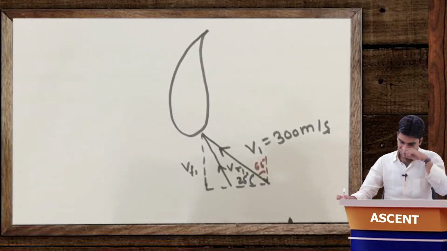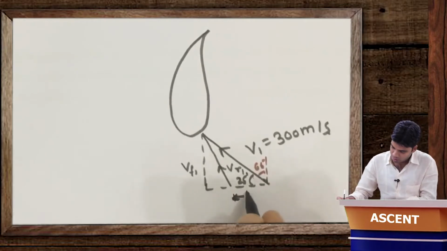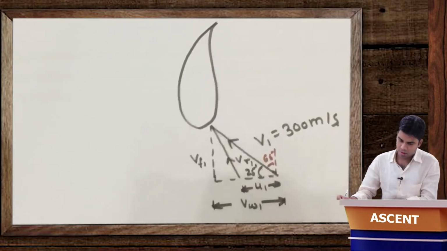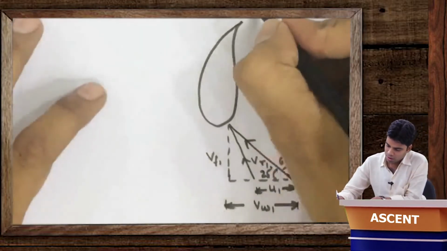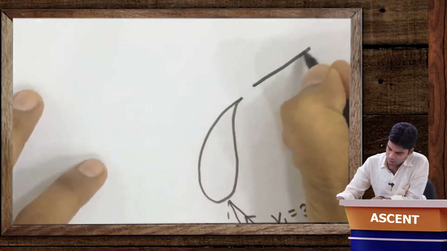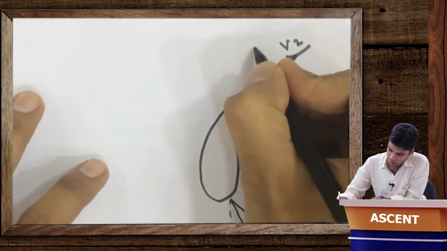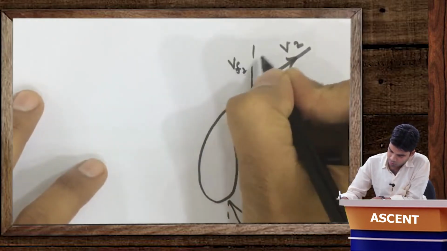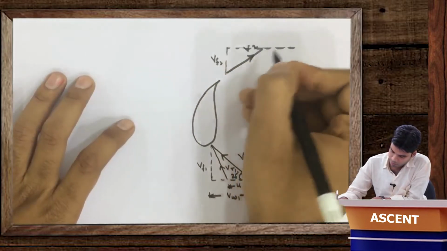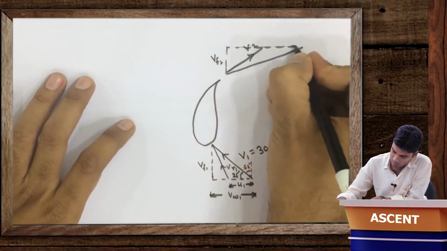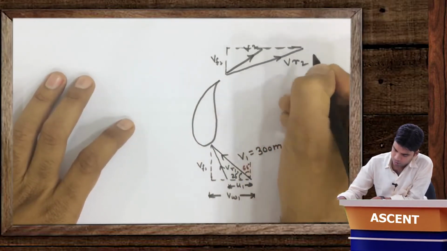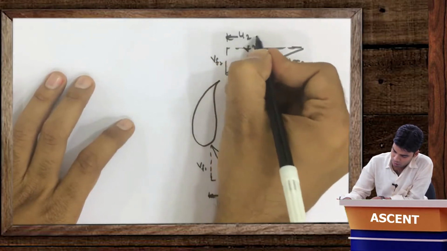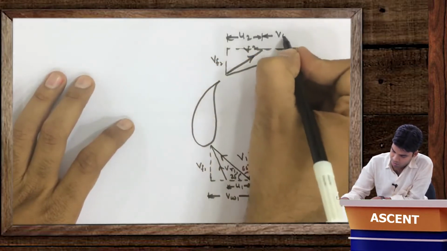Getting this or not? Okay. So this will be U1 and this will be VW1. This is inlet velocity triangle. Okay. Now what about outlet velocity triangle? So here this will be V2, Vf2, VR2. Okay, so this will be U2 and VW2.